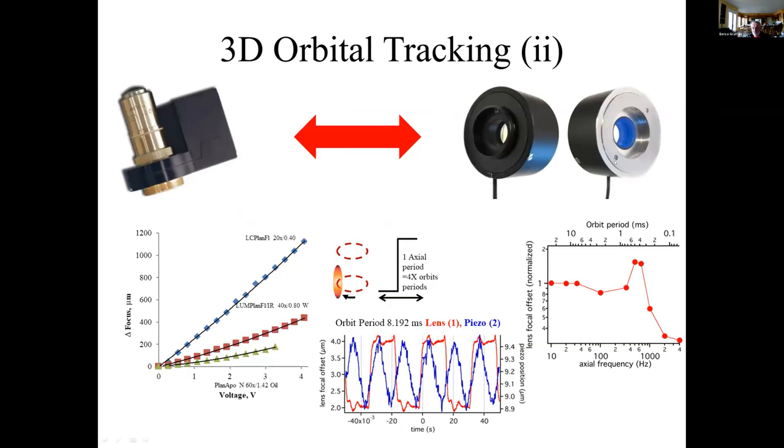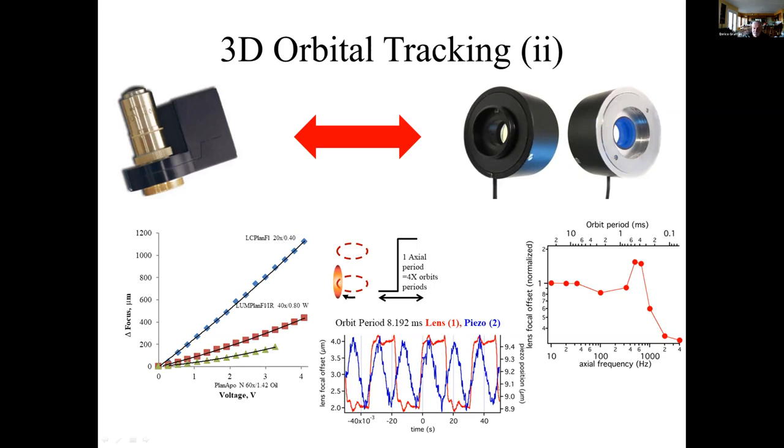A different method in orbital tracking is obtained using what is called an electrical lens. An electrical lens contains a medium which gets compressed or enlarged, and that completely changes the focus of the lens. For example, if you have a lens and you have a piezo, you measure a response which is not very fast, but with the electrical lens, you measure a displacement which is instead very fast.